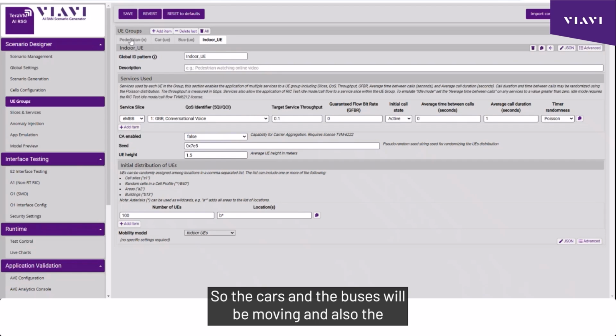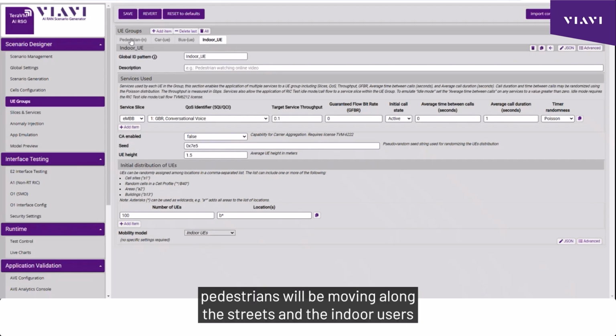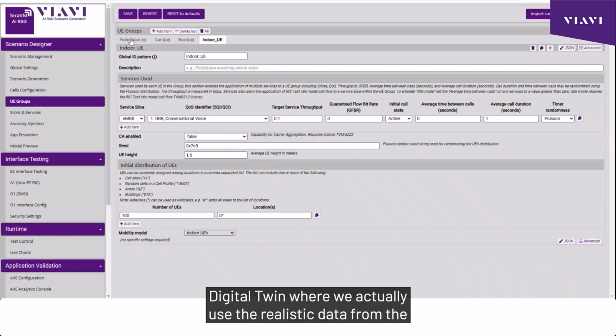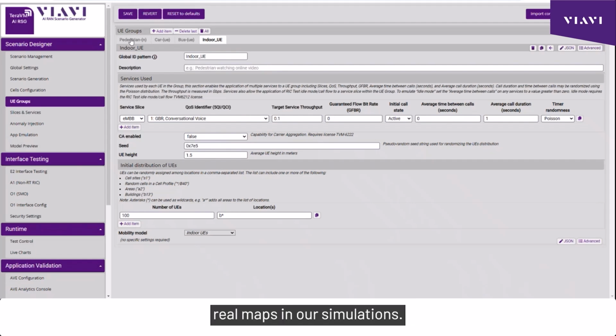So the cars and the buses will be moving, and also the pedestrians will be moving along the streets, and the indoor users will be inside of the predefined buildings that we have in the Dublin building layer. So that's already a very significant step towards the RAN Digital Twin, where we actually use realistic data from the real maps in our simulations.